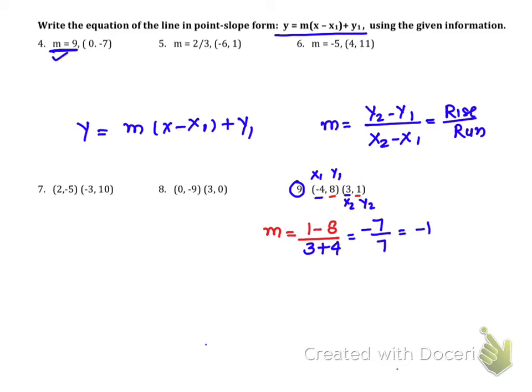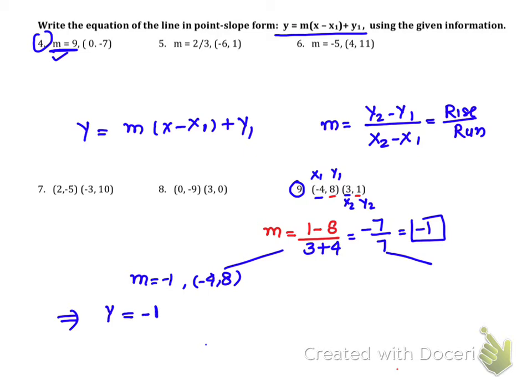So I got this part, and I have to now, because I have 2 points, so I could have 2 answers. So from here I can have 2 solutions. If my m is -1 and my 1 point is -4 and 8, like my question number 4, my equation will be y equal to -1, and in that case this is going to be x1 and y1.